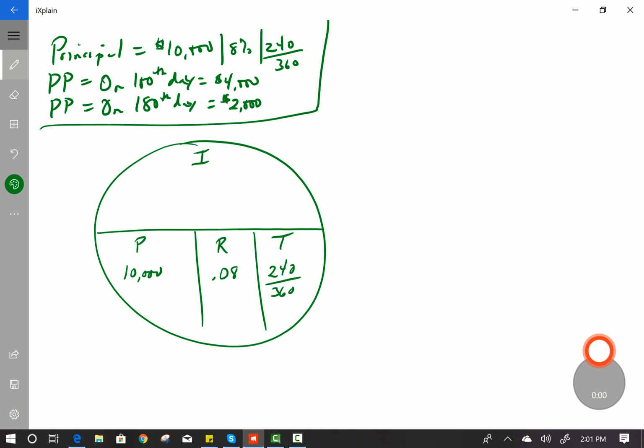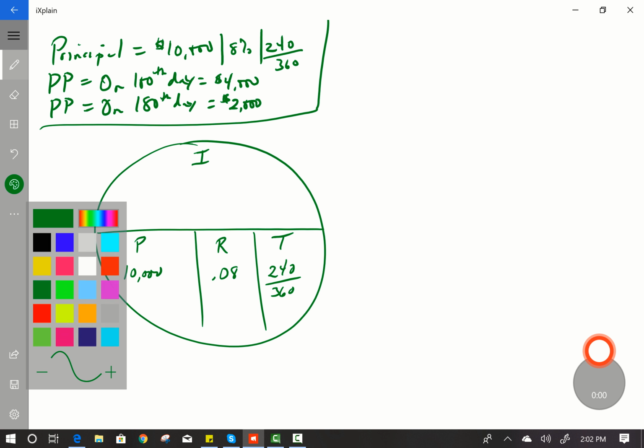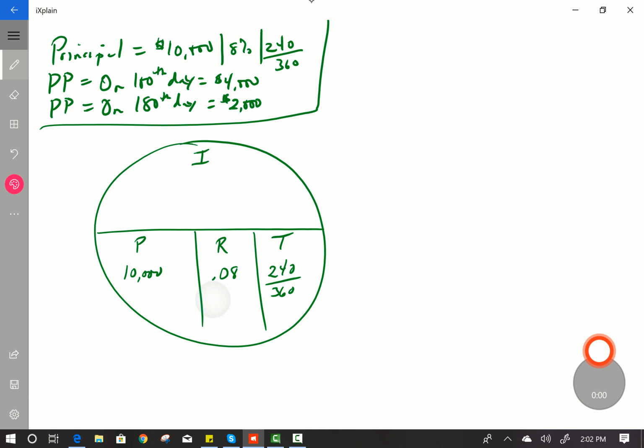And therefore, calculating this is 10,000 times 0.08 times 240 divided by 360 equals interest of 533.33.